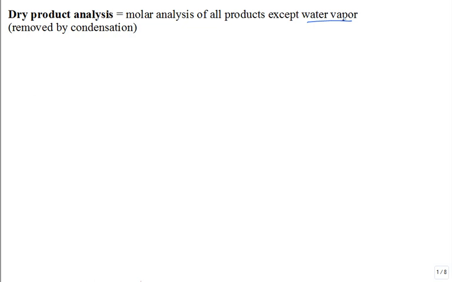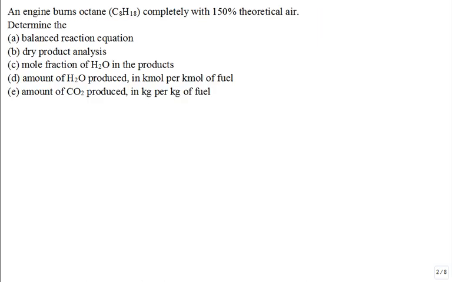So what they often do is run the exhaust gases through something that dries it out, and then they have dry products of combustion. So the dry product analysis is a molar analysis of all the products where they've removed the water vapor, typically by condensation. It's just an added complexity to the calculation.